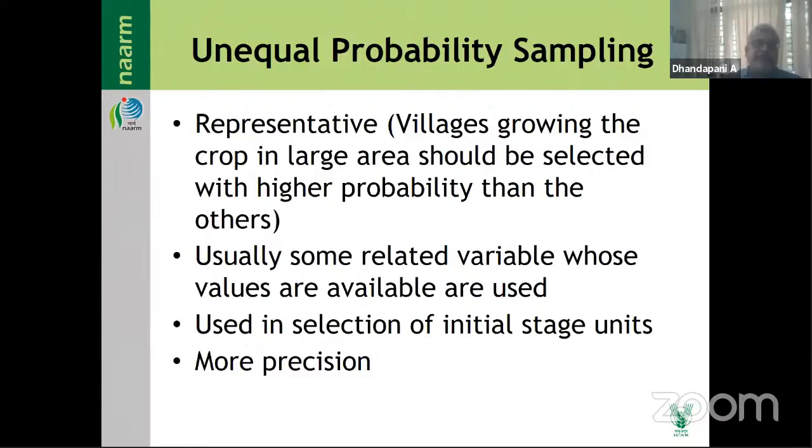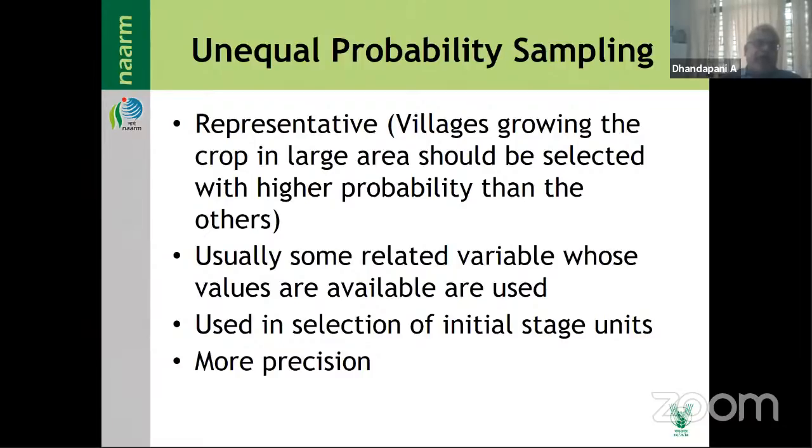In some other villages, the crop may be the most important crop. Why should we give equal probability to a village where it is grown on, say, 5 acres, and treat it equally with another village where 90% of the crop area is under that particular crop?